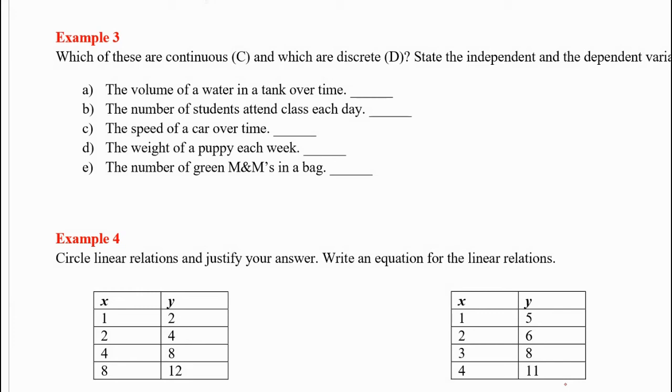So volume, time, are they measurable or countable? They're measurable, right? So it is continuous data. Volume is the dependent variable and time is the independent variable because volume changes depending on time, right?